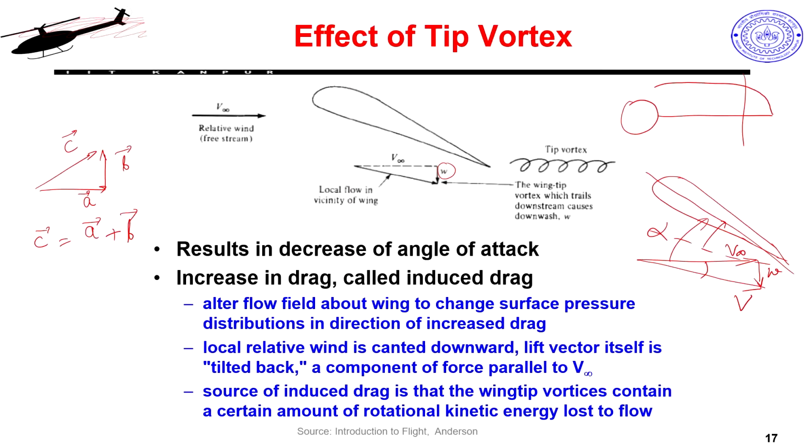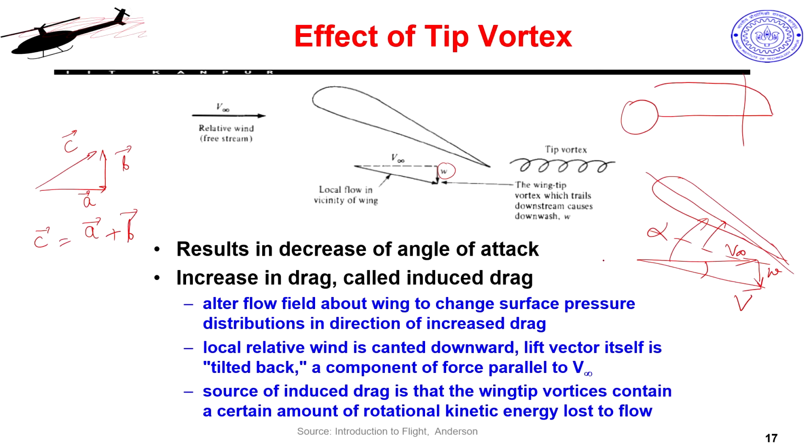So, if you do not go there and I just want to design something which should have higher L by D, which means I should have lesser of 3D effect, because this is reducing my lift or increasing my drag, right. So, this decrease in angle of attack would mean two things, let us understand. One is, of course, what is the direction of lift with respect to my free stream velocity?